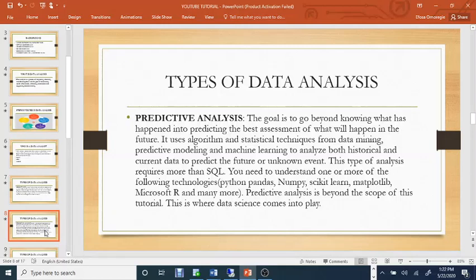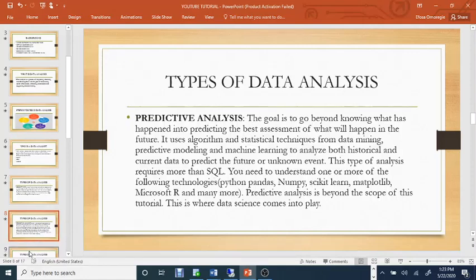They see what you usually buy on Amazon, and they kind of guess what you might want to buy next. So they suggest products to you. You see, those who buy this product also buy this product. That's the area of predictive analysis. It comes under data science, machine learning. So it's beyond descriptive analysis, which is the focus of this lesson.